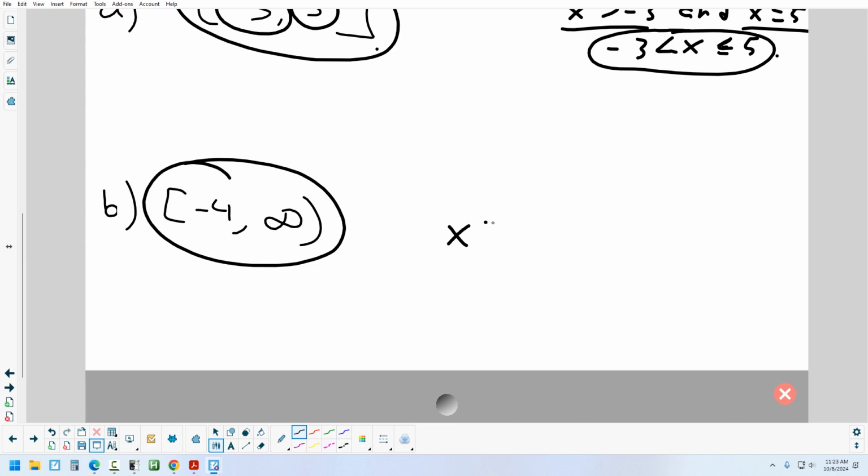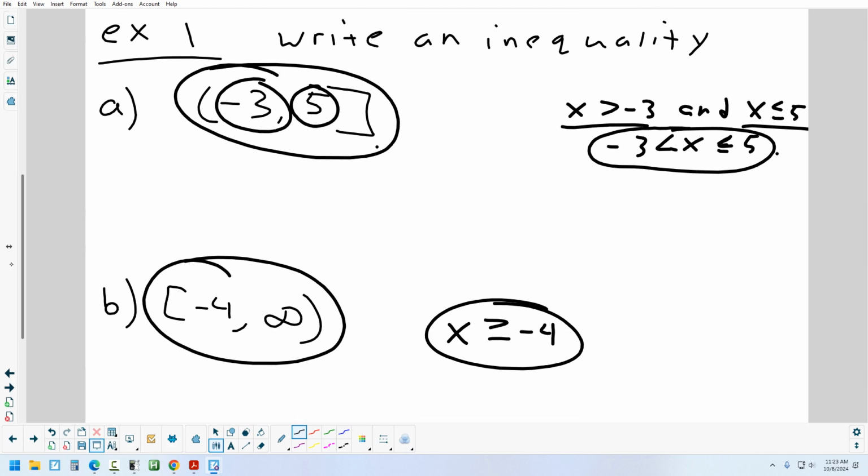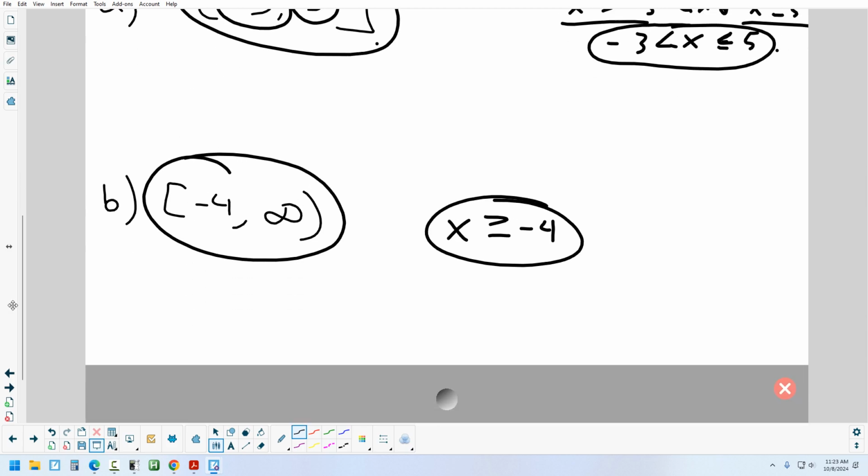Since it is an unbounded interval, the inequality is usually shorter to write than a bounded one. You don't have to tell me that it's greater than or equal to -4 and less than infinity. Some people write that. I know -4 is less than infinity. I got that. So you just have to say that x is greater than or equal to -4.